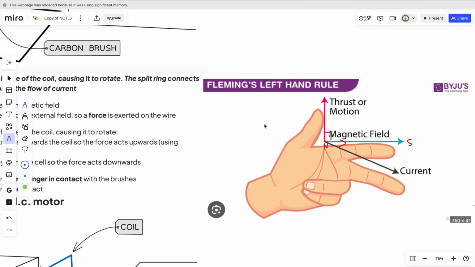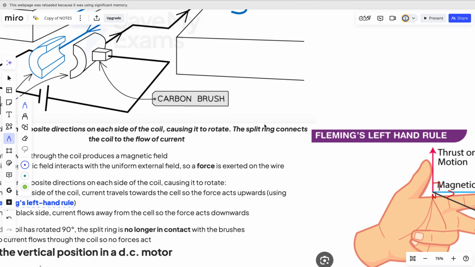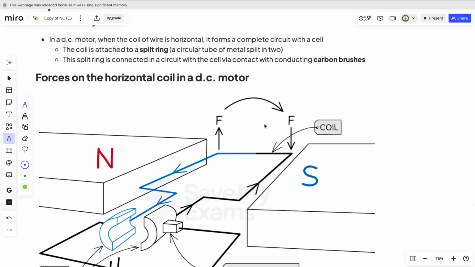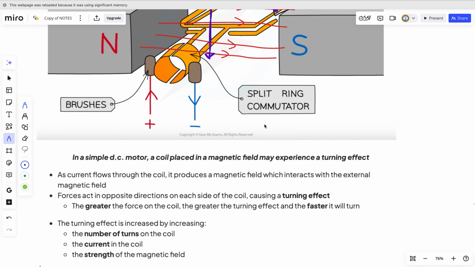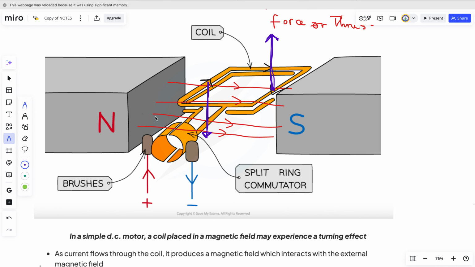In order for electromagnetic induction to happen, or for a force to be produced in this regard. Okay, so that's that. When the north pole is on the left and the south pole is on the right, the magnetic field is moving from left to right.